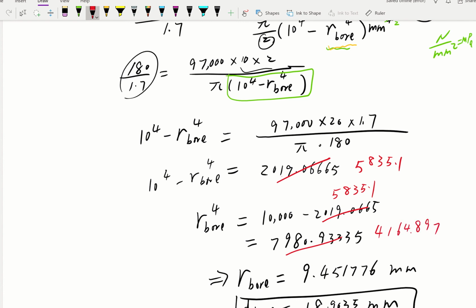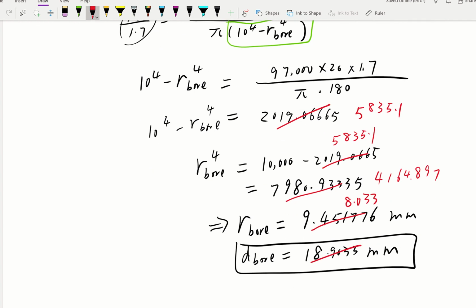Then we're going to do the power of 1/4. Then this will be 8.033, and when we times 2, that's going to be 16.06686. All right, so that will be the correct diameter for that.